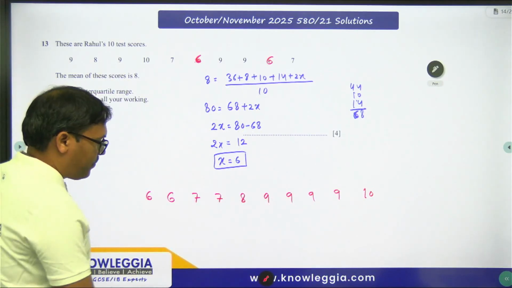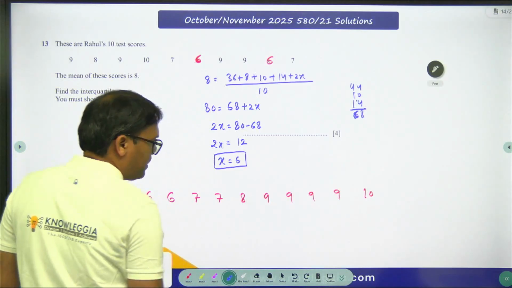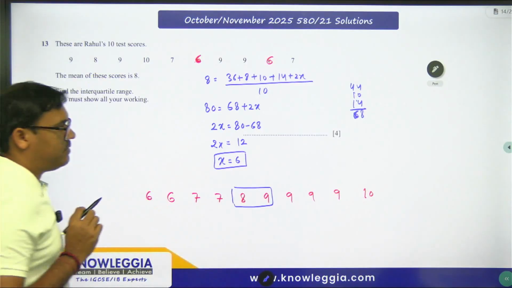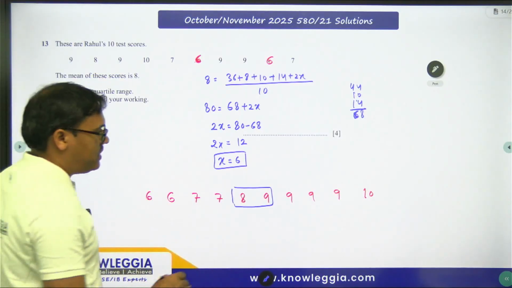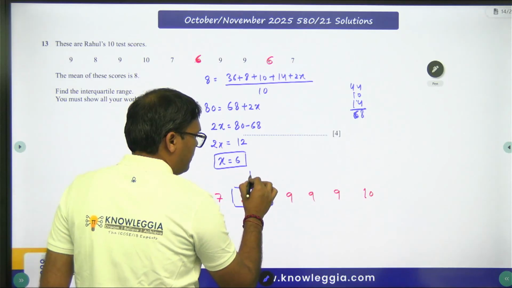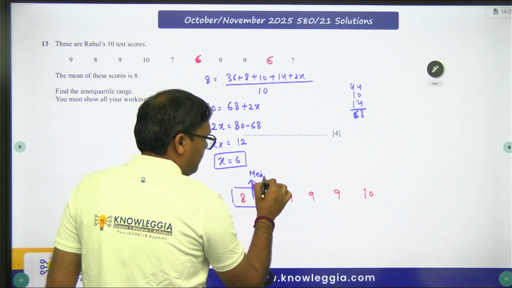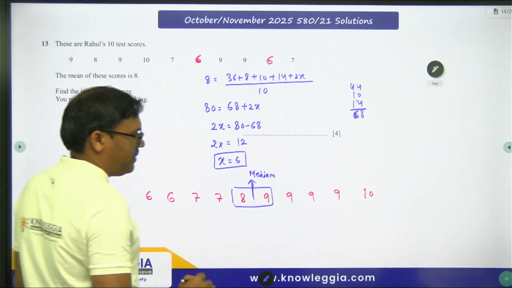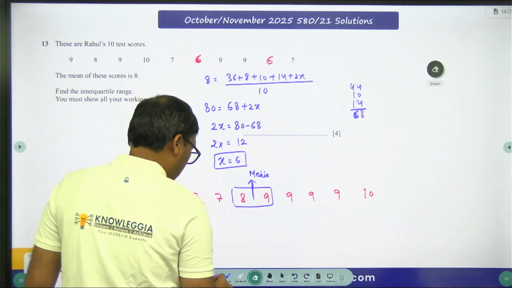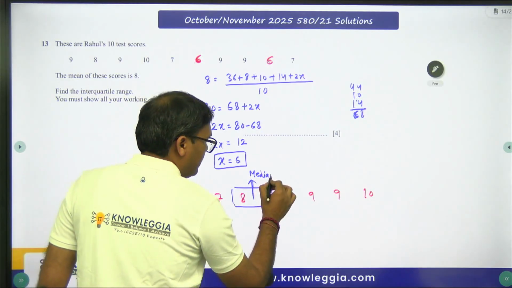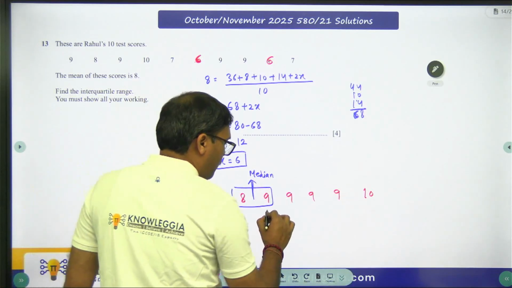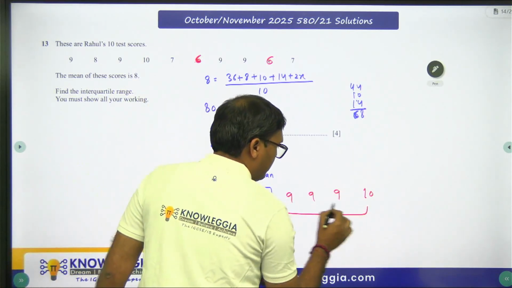Correct? Now, what will be the median? You can see these are the two middle terms. So this median will be the mean of these two. This is called the median. Here the median will be somewhere here. Now, if you have to find the upper quartile, you can see the upper quartile will be the median of these data, which is equal to 9.